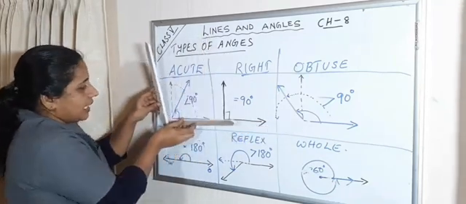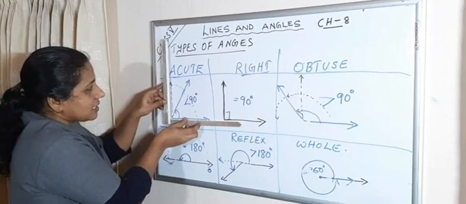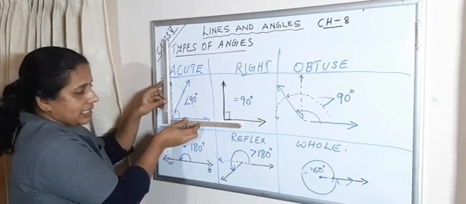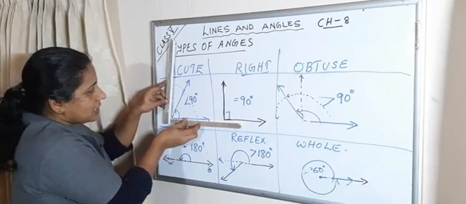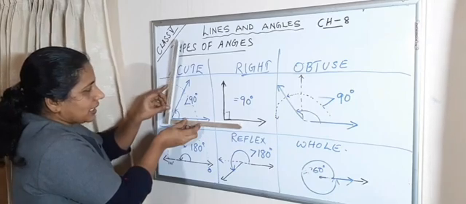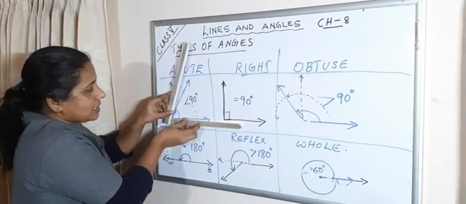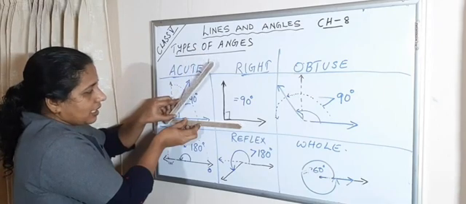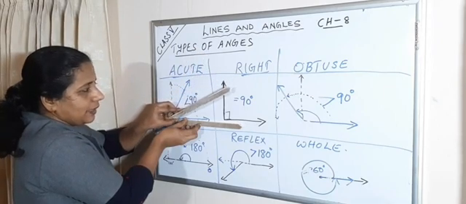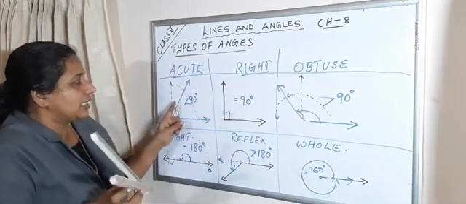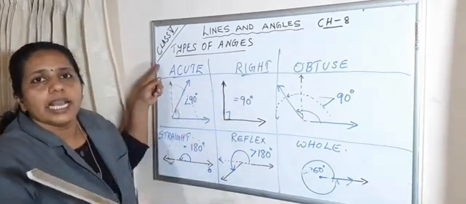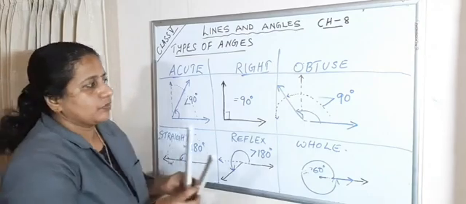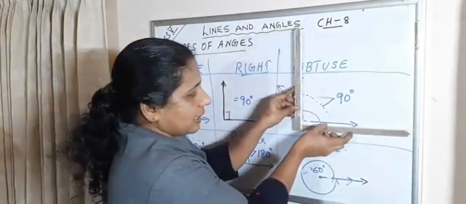When I make angles less than 90 degrees, you can get so many angles, and angles less than 90 degrees are called acute angles. This is our 90 degree.